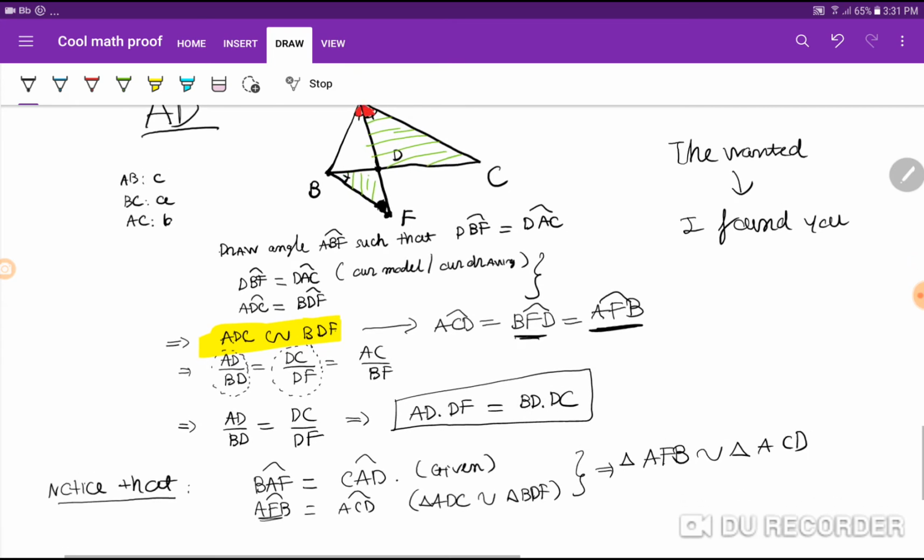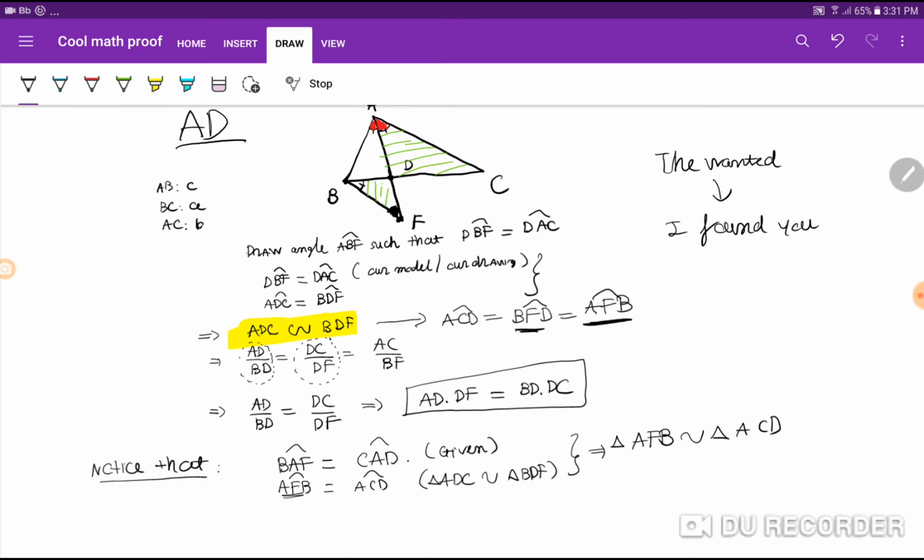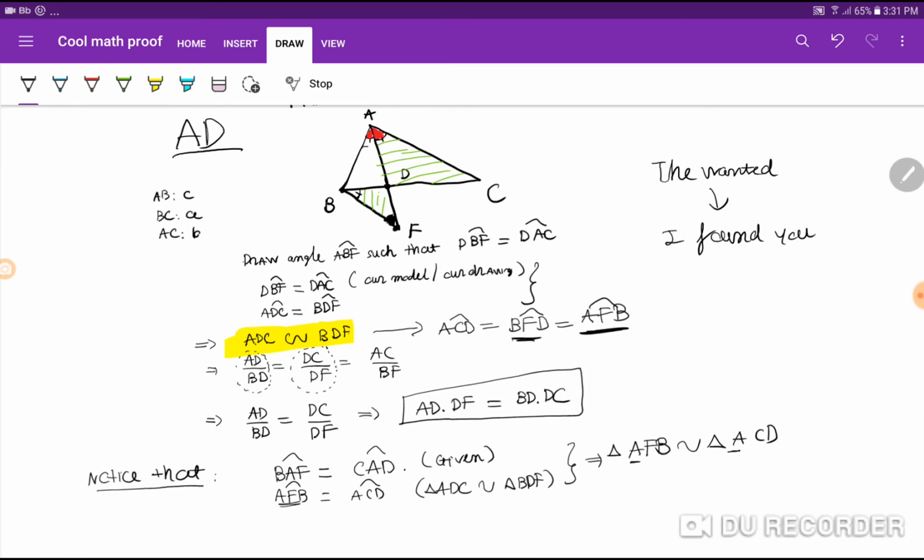The reason why, well, you have to call it correctly. So A equal to A, okay? F equal to C. B equal to D, B right here equal to D right here. They have to be similar, okay?